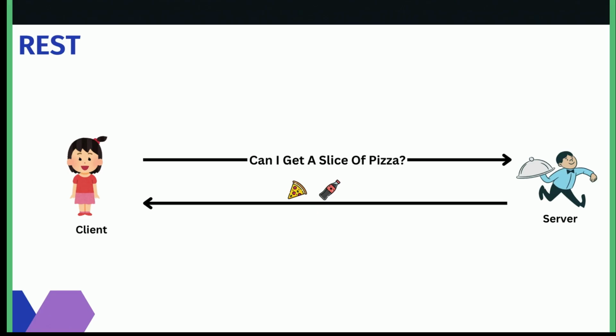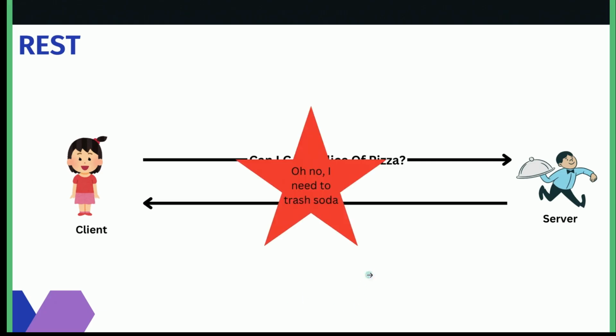So here the server is responding with a slice of pizza along with the soda information. And the client is not happy because the server is sending extra information which the client doesn't want. So this kind of scenario we always face when we are consuming any REST API.